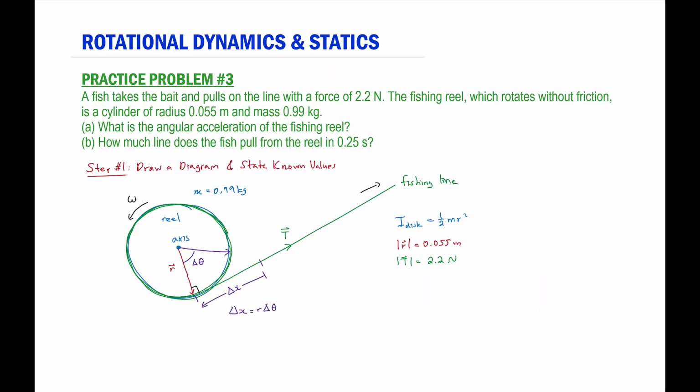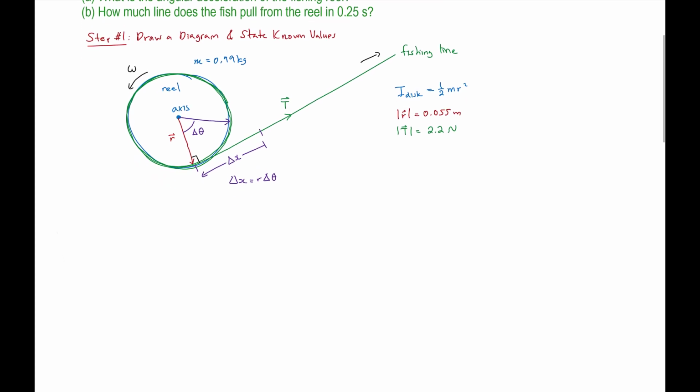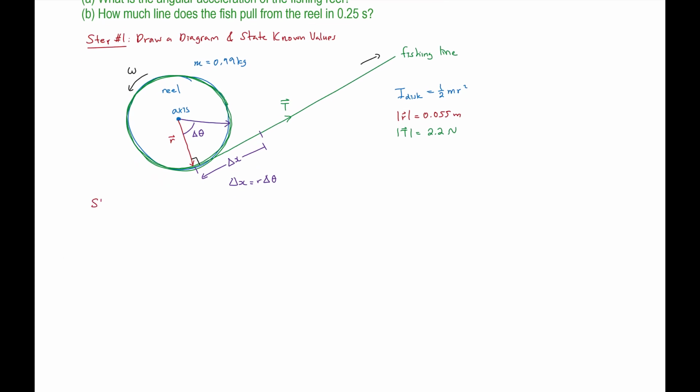The next step is to apply Newton's second law to find angular acceleration so that we can answer part A. So we've drawn our diagram. Step number 2, we want to apply Newton's second law and find angular acceleration.